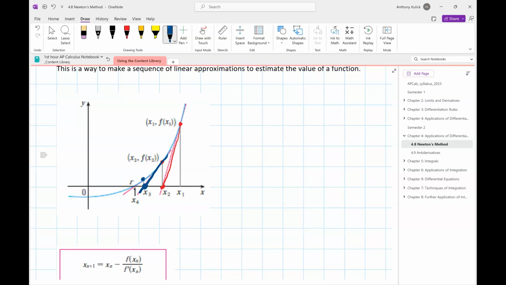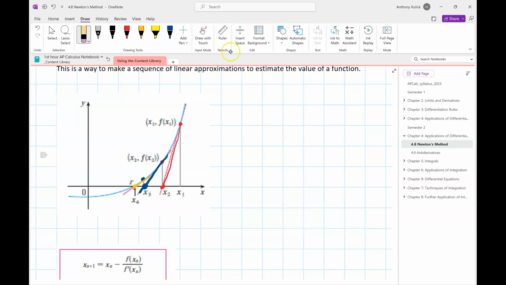We plug that x-intercept into f, and we continue this sequence, and ideally, we end up with the actual x-intercept for our function. That's how it's supposed to work.